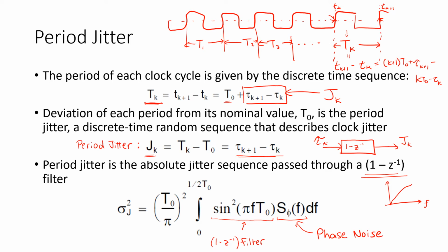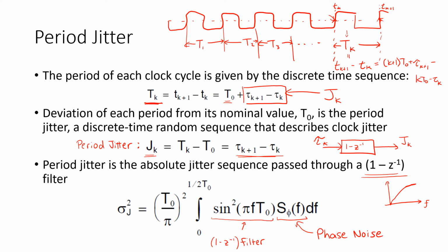On the other hand, high frequency jitter means that subsequent edges are moving back and forth very rapidly compared to each other. So that type of absolute jitter, high frequency absolute jitter, does show up by looking at the period of the clock waveform. So that's our intuitive understanding for this sort of filtering. When we look at period jitter, we're really mostly just looking at the high frequency part of the absolute jitter.